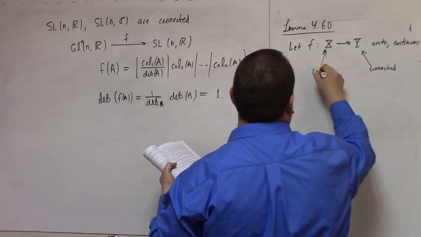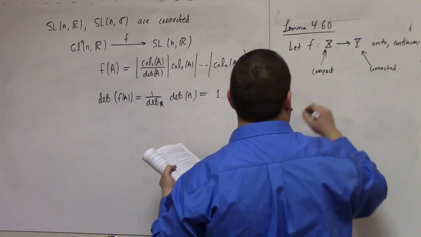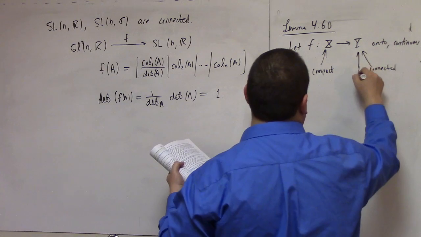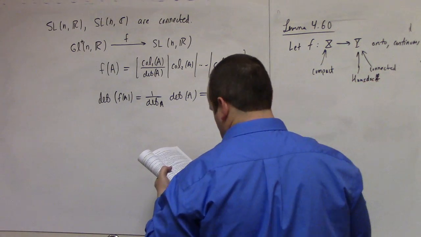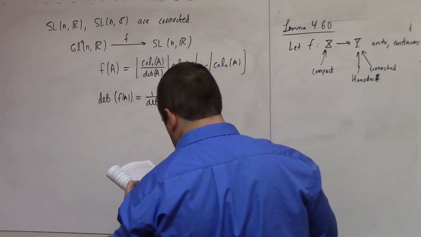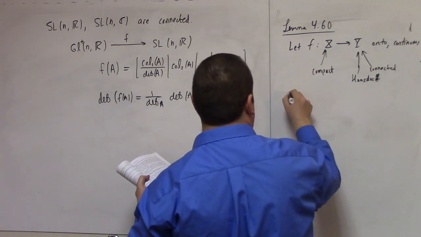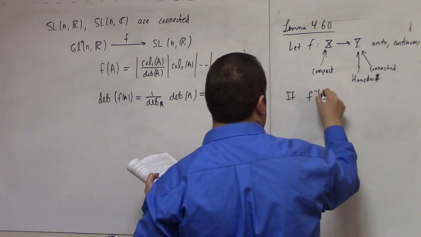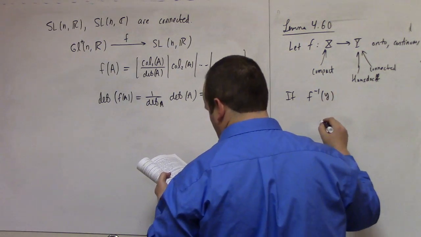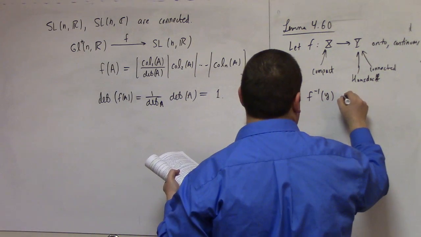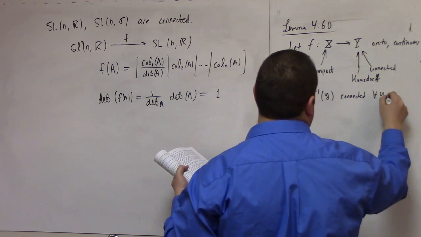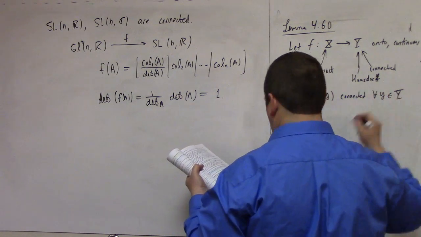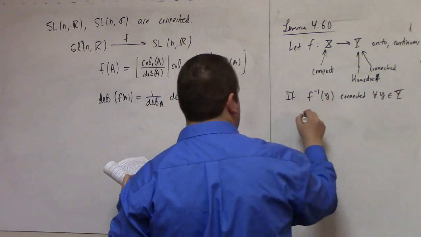And Y is Hausdorff. Connected and Hausdorff, okay. And then if the fiber over y, F inverse of y, is connected for all y in Y, then X is connected.